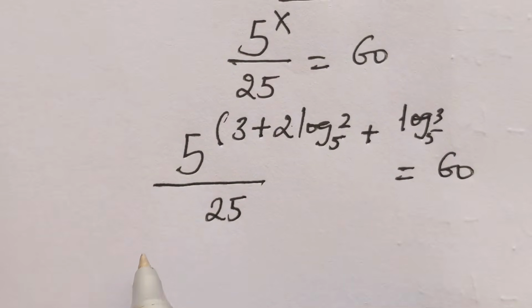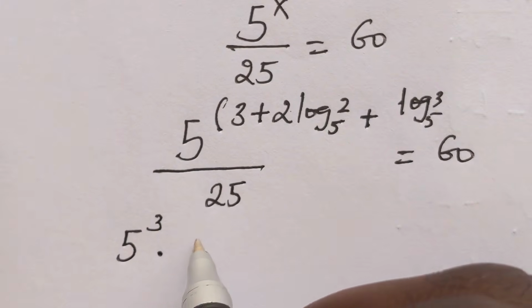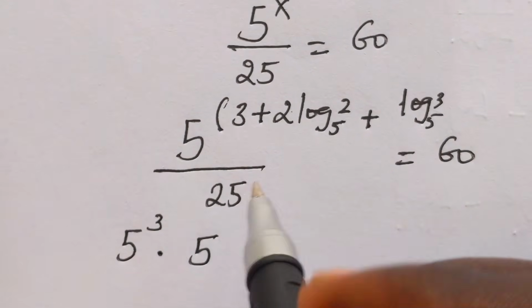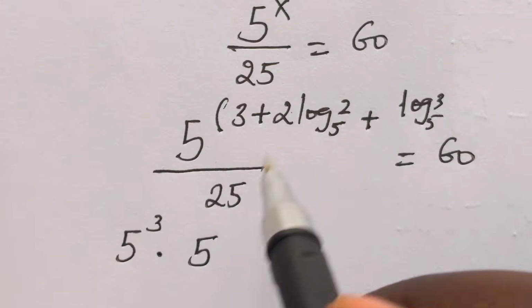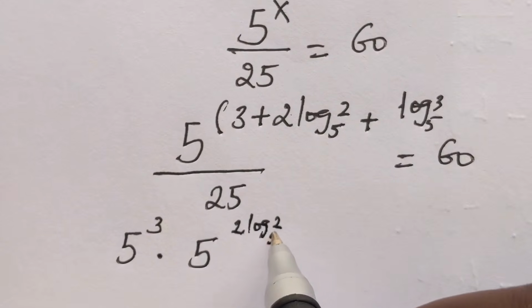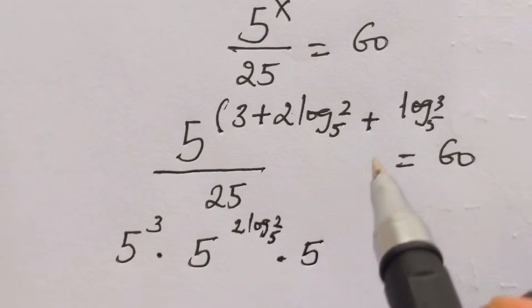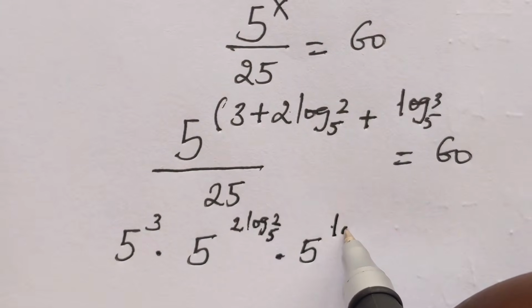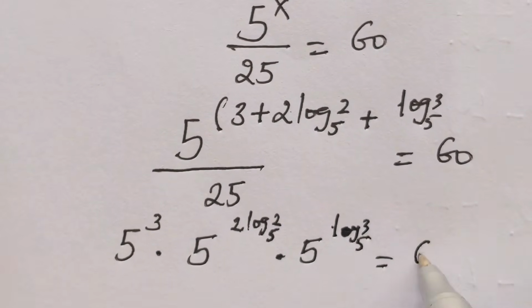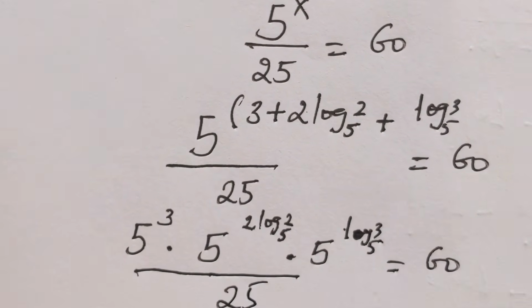And of course here we have 5 cubed, times 5 to the power 2 log of 2 to the base 5, times 5 to the power log of 3 to the base 5, equals 60 divided by 25.